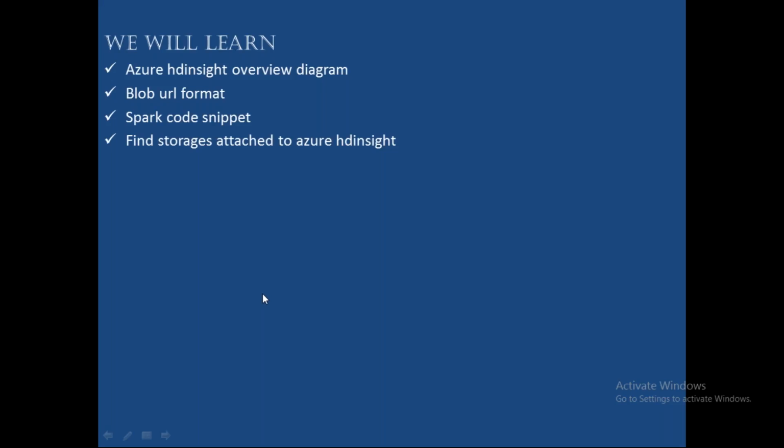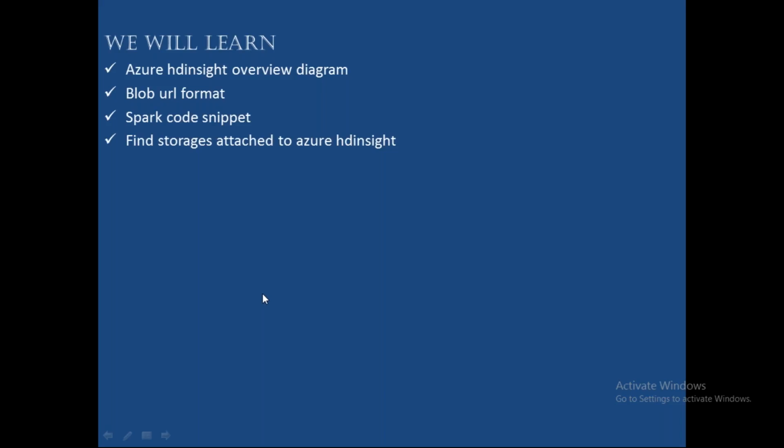Similarly, I want to read data from SQL database by using an Azure HDInsight Spark cluster. I want to read data from blob storage, from data lake storage Gen 1, from data lake storage Gen 2, and from SQL database. Remember, all these things may not be possible. I will tell you what things are possible, and what things are not.